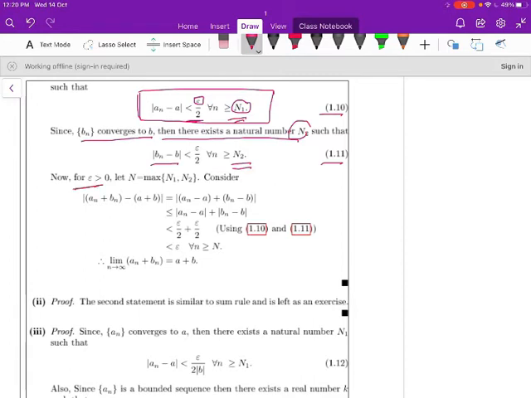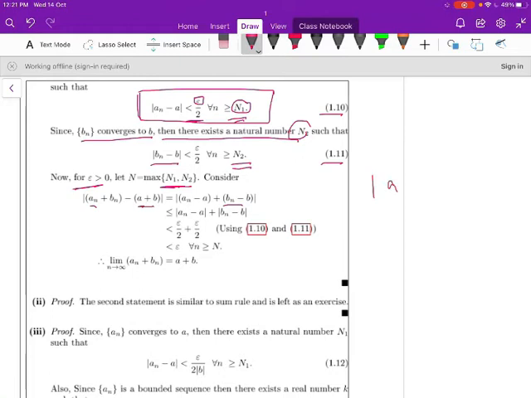Now for epsilon greater than 0 given, let us choose n as the maximum of n1 and n2. Now consider modulus of an plus bn minus a plus b, which can be written as modulus of an minus a plus bn minus b.